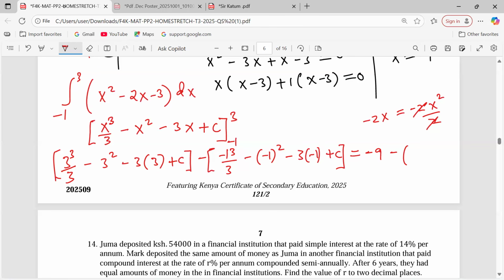We divide it by 3 like that. Then we subtract -1 squared. We subtract 3 into -1. So I'm getting 1.66, which is the 1 2/3. Like that.